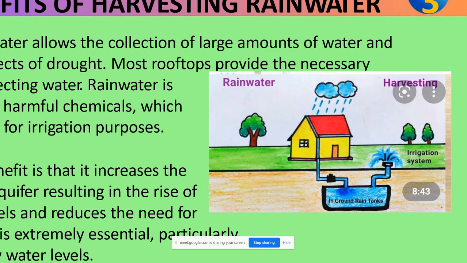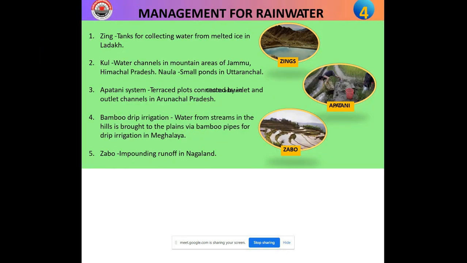These techniques are used in India: Zings, Johads, Kuls and Apatani. Zings are water harvesting structures found in Ladakh. They are small tanks that collect melted glacier water.